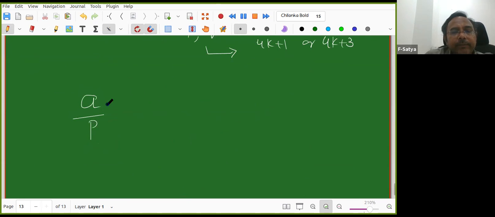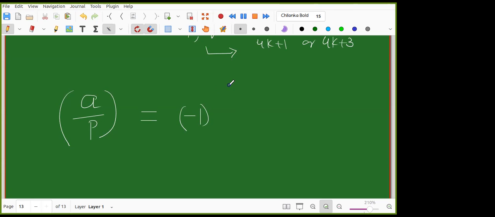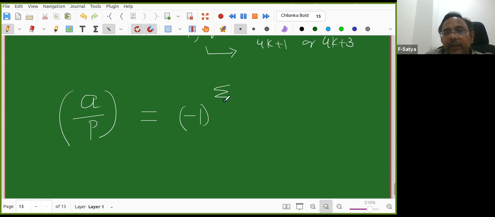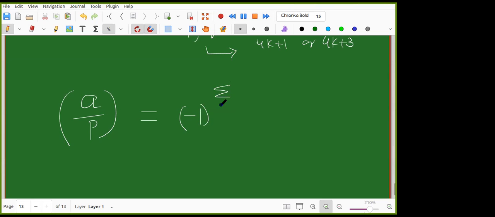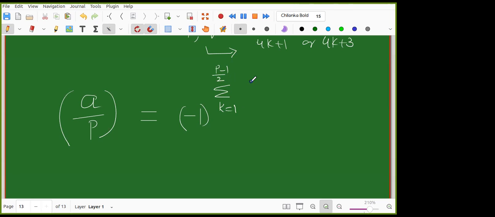So (A/P), the Legendre symbol, is equal to (-1) power summation K equal to 1 to (P-1)/2 of floor(Ka/P).